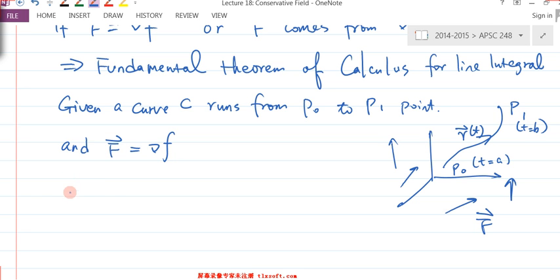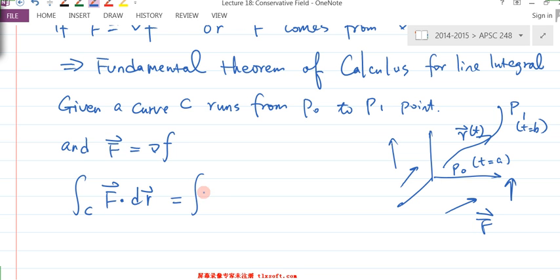Then for the line integral, as we have learned, there are different appearances for the formula. You don't need to evaluate this line integral anymore. All you need to do is this.